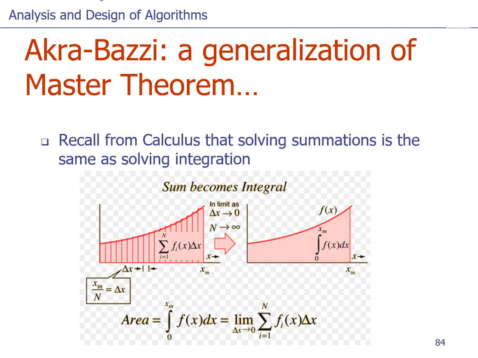Remember, calculating area under the curve is nothing but summing areas. They proved that you could do integration using certain limits, and that is equivalent to solving the summation of recurrences.